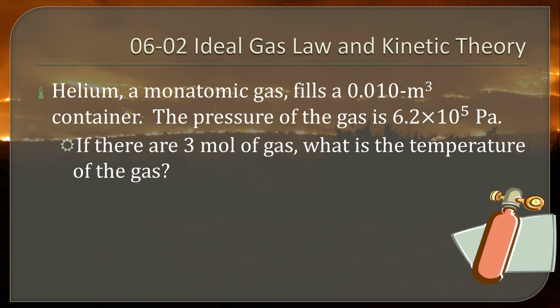Well, we know moles, so let's use the nRT version of PV. Our pressure is 6.2 times 10 to the 5th pascals. Our volume is 0.01 meters cubed. n is 3 moles.